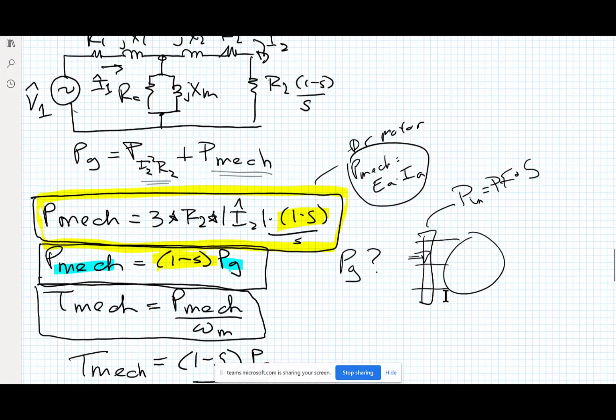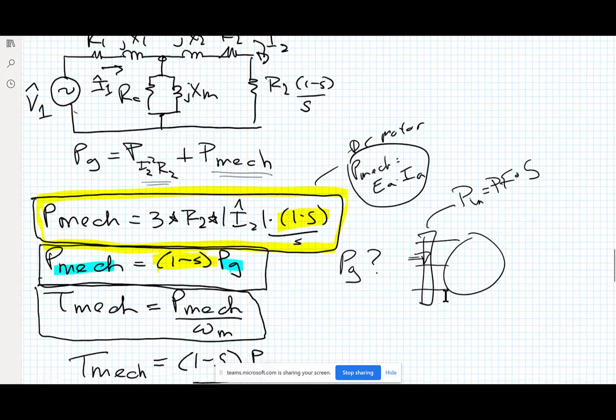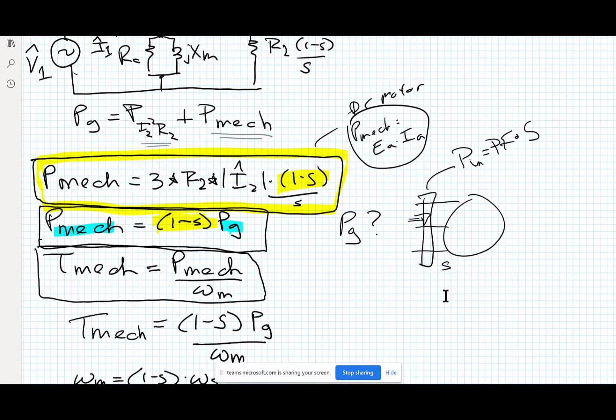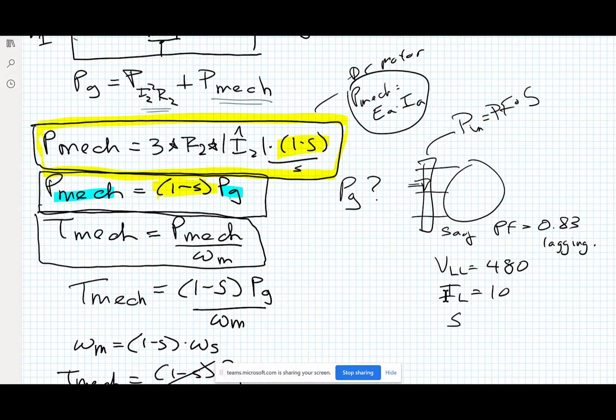So let's say the power factor is 0.83 lagging, and your V line to line is 480, and your I line is 10. Your S is square root of 3 times 480 times 10.